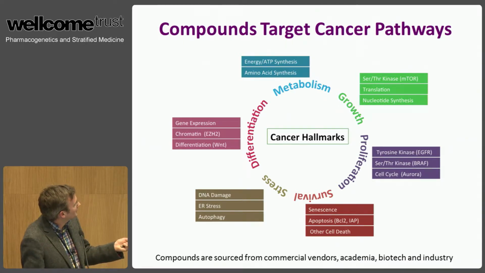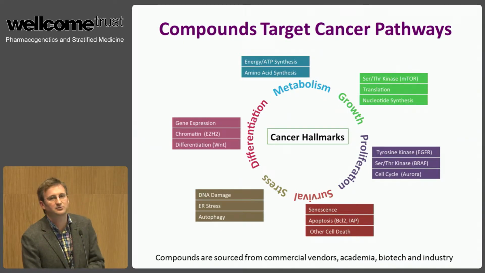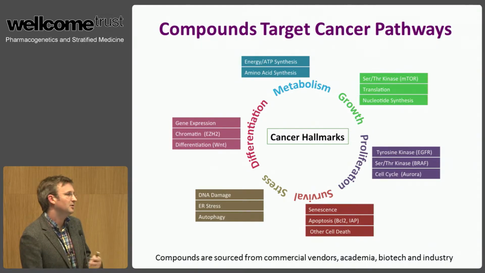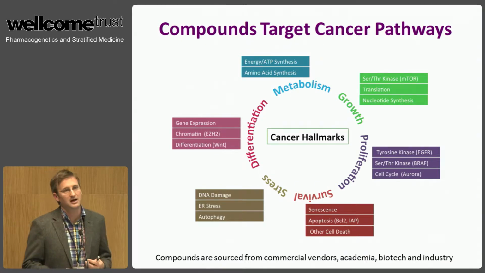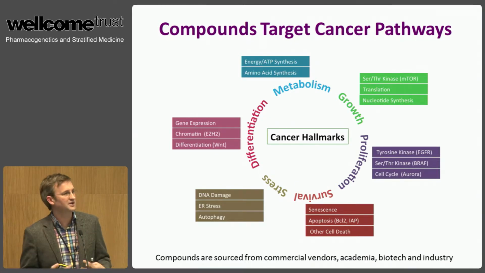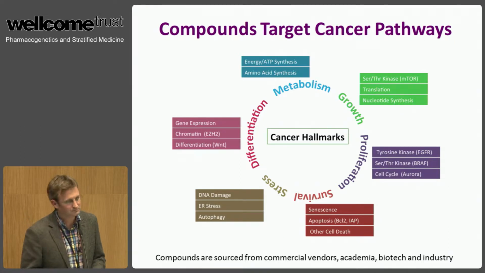But we're very interested in exploring very novel target space as well, looking at things like cellular differentiation, for example. The compounds themselves are sourced commercially, so we buy them, but we also work very extensively with the pharmaceutical industry, academia, and biotech to bring these compounds into our screening platform.